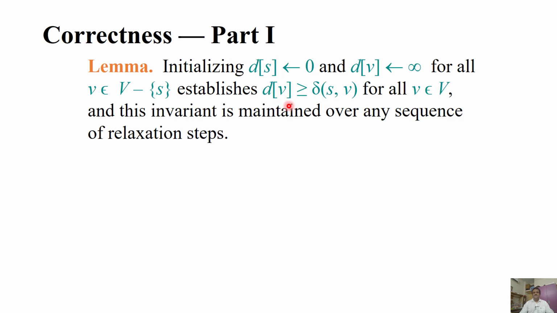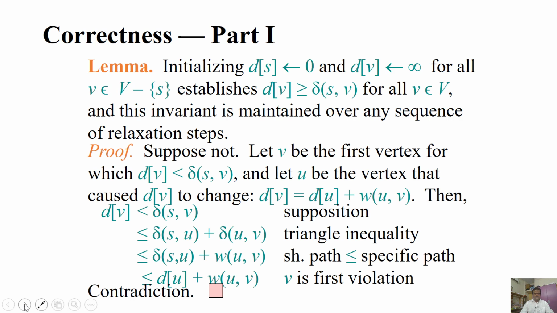So, part 1 is just this lemma, which says that d of V is greater than or equal to delta of S comma V for all vertices, and this invariant is maintained over any sequence of relaxation steps. So, how to prove this? We will prove this by contradiction. Suppose this is not true.